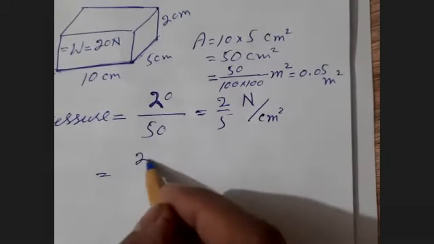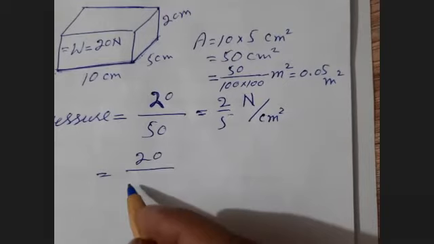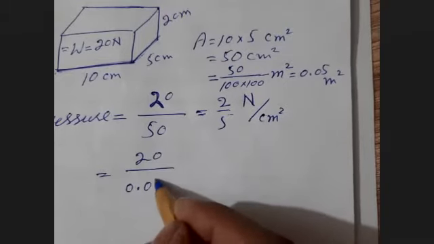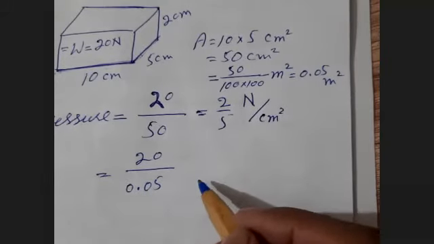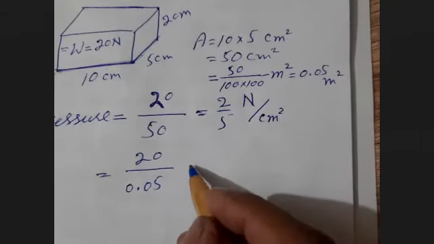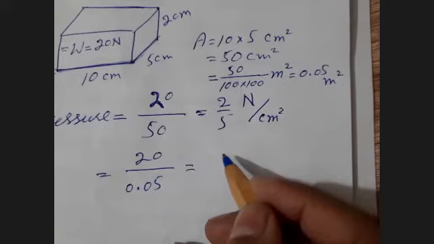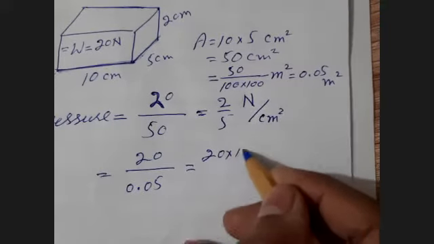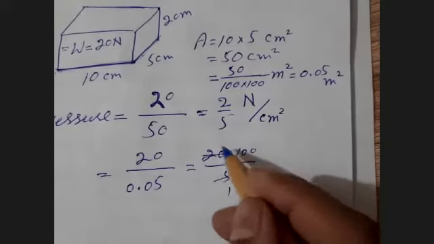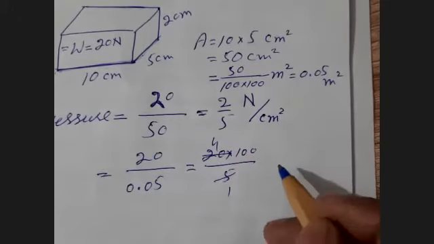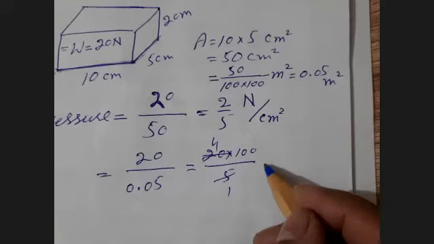If I have converted this unit into meter square, then the pressure can also be written as 20 over 0.05. Now you can simplify this also. In the simplified form, it will become 20 into 100. Whatever way of simplification you apply is up to you.